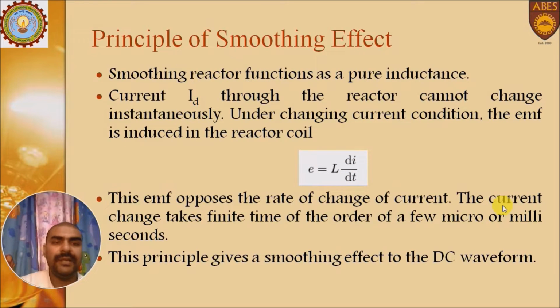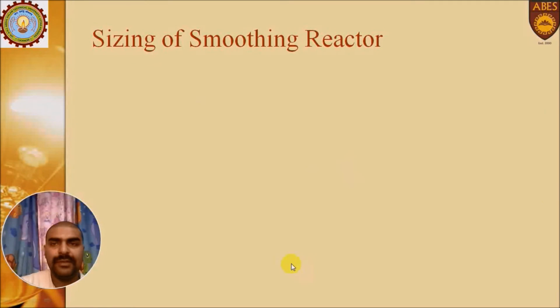So there will be a certain time taken in the change of current. The current takes a finite time, of the order of a few microseconds to milliseconds, to go from one value to another value. This principle gives a smoothing effect in the DC waveform.